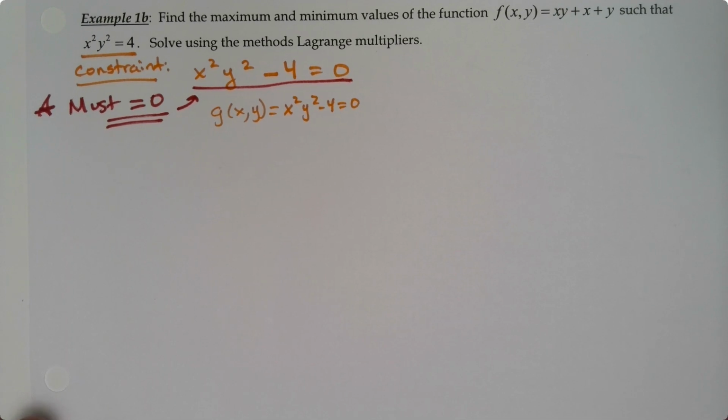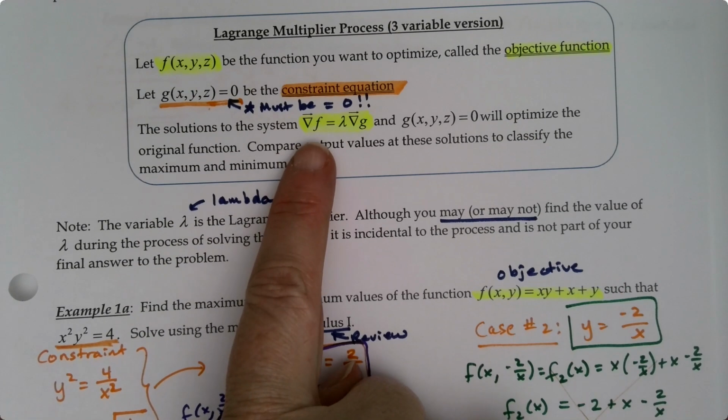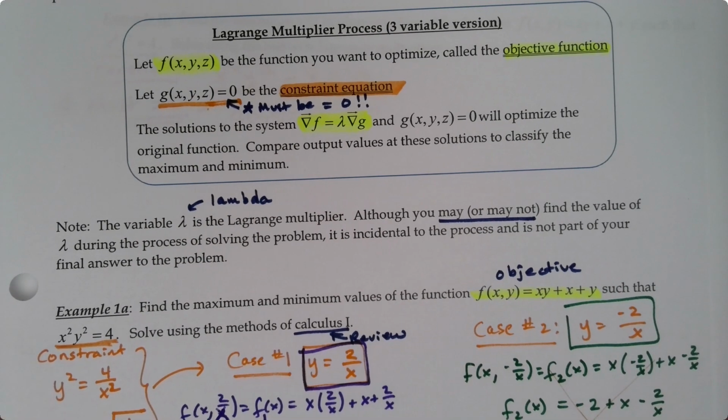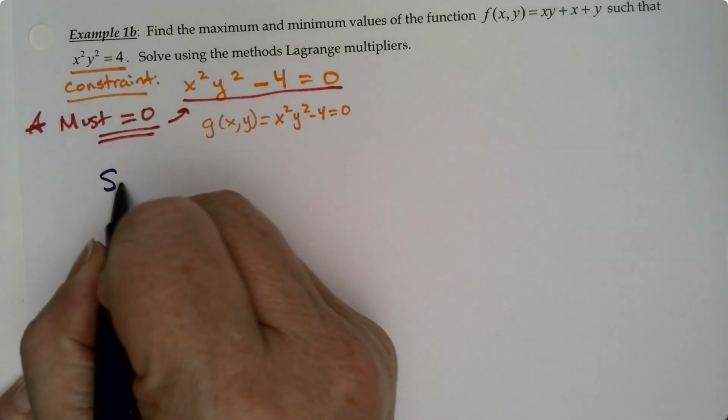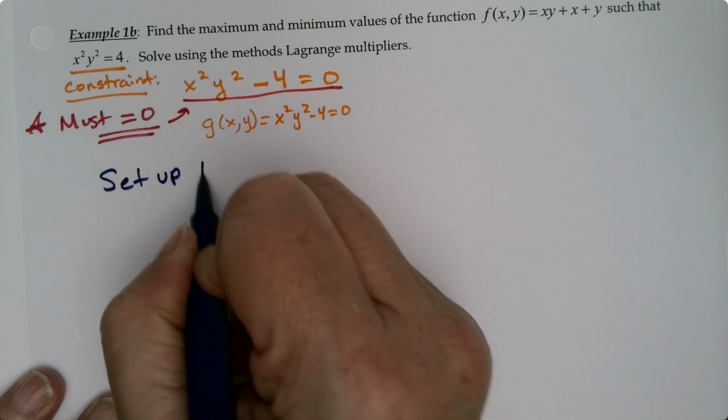All right, now, how does the method of Lagrange multipliers work? Well, remember, it says the gradient of f is equal to lambda times the gradient of g. So let's set up the Lagrange multiplier.